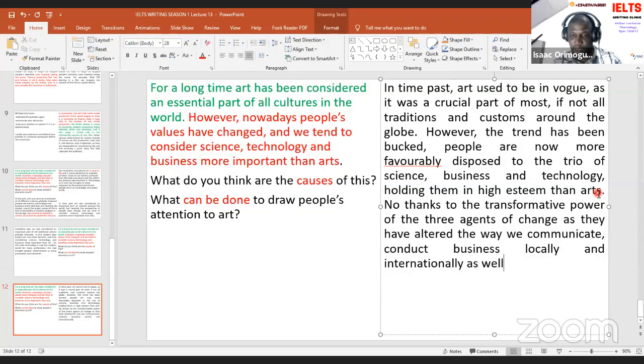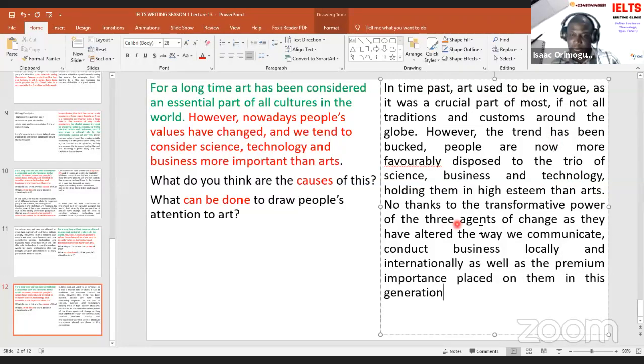as well as the relative importance placed on them in this generation. Okay, there are three factors that I've mentioned in this generation.